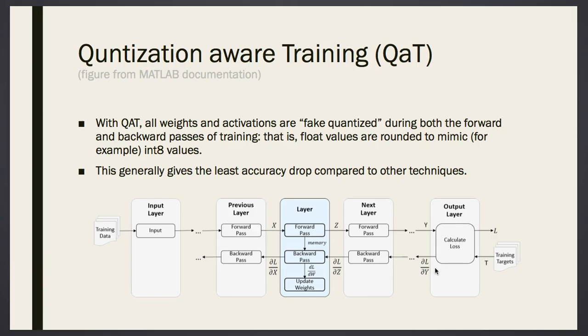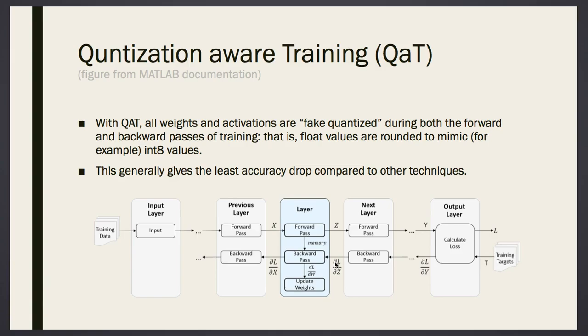Now using the partial derivative of this loss with respect to the output, then at each layer, with respect to the parameters of each layer, we find the derivative of the loss with respect to the parameters of a layer. And using this partial derivative, we update the weights for each layer.